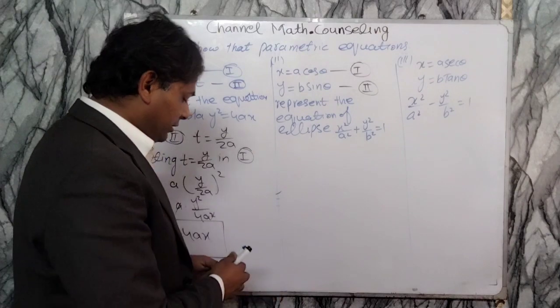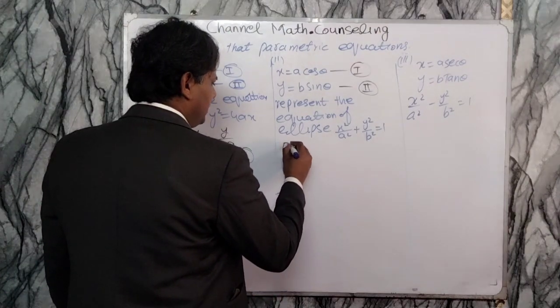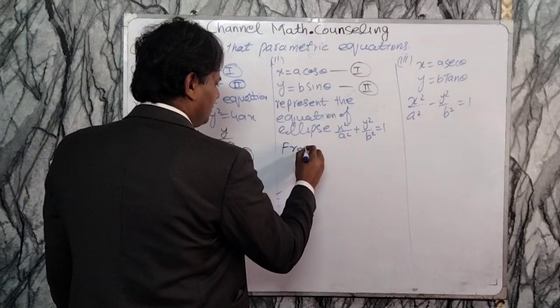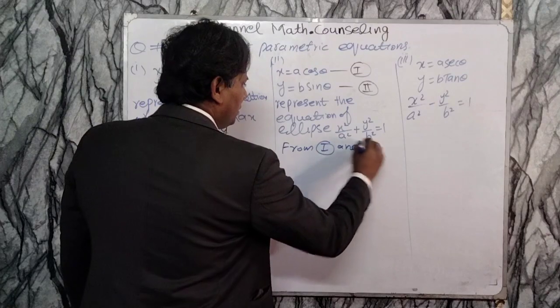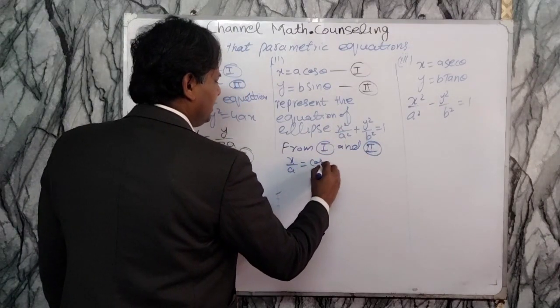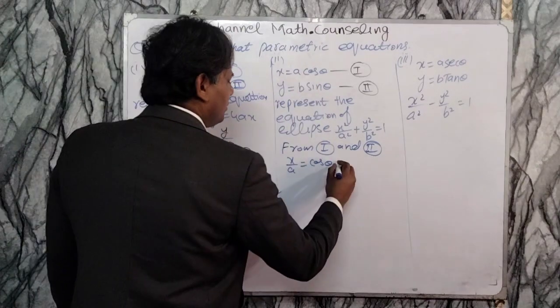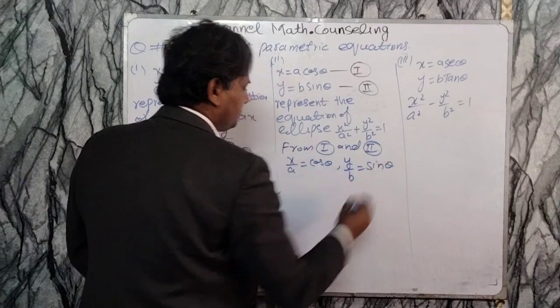So now I use these two equations. I write here from equation number 1 and equation number 2, we will have x over a equals cos theta, and second one y over b equals sin theta.